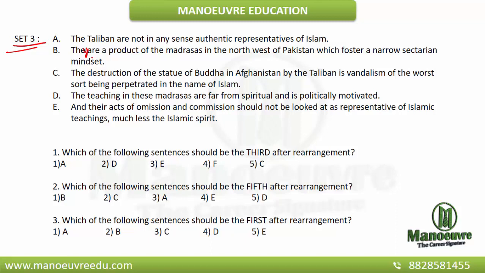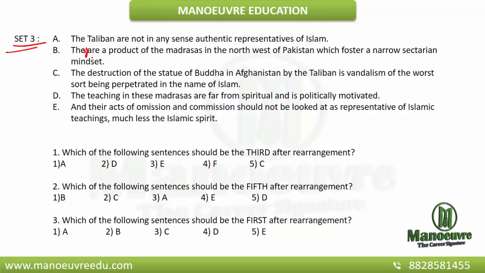Statement D, the teaching in these madrasas are far from spiritual and is politically motivated. Statement E, and their acts of omission and commission should not be looked as a representative of Islamic teachings, much less the Islamic spirit. Right?